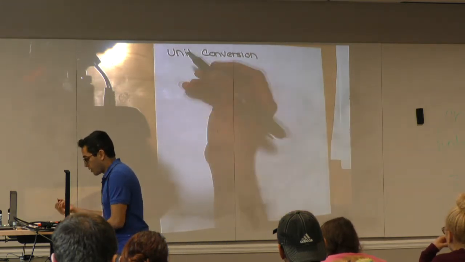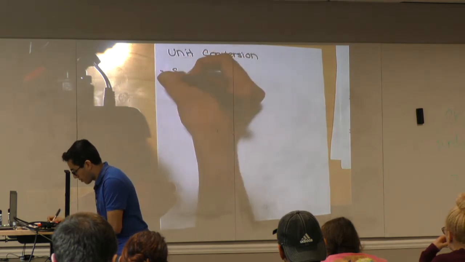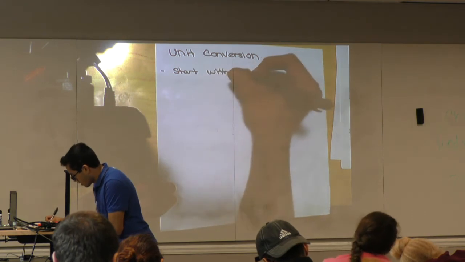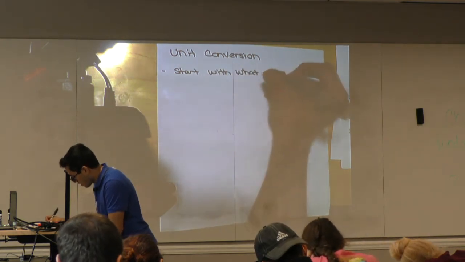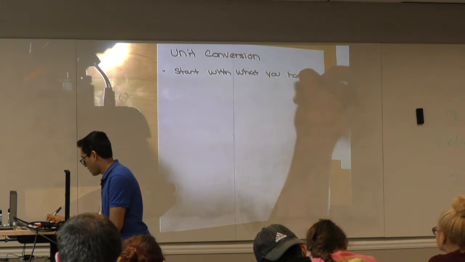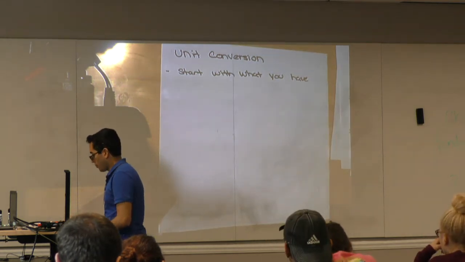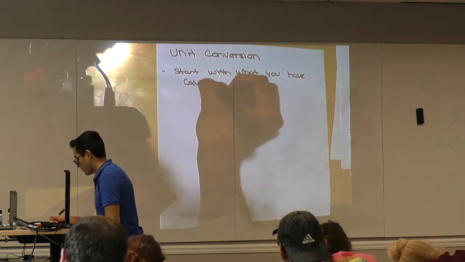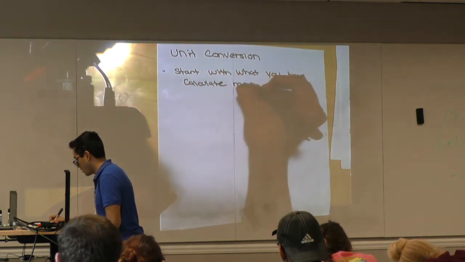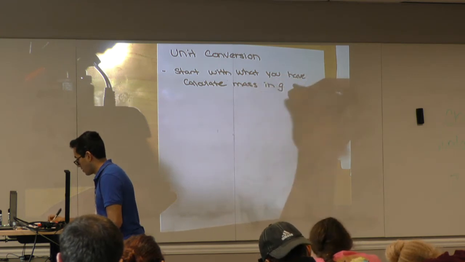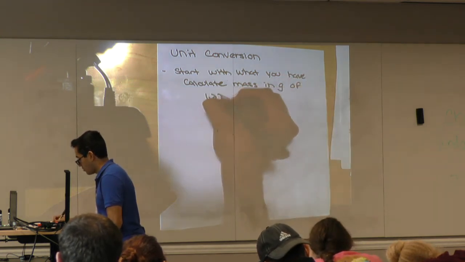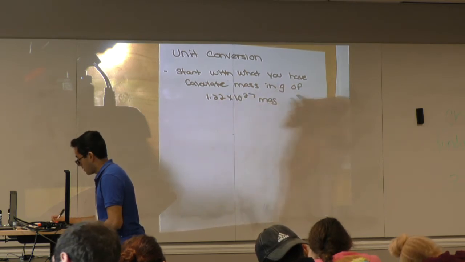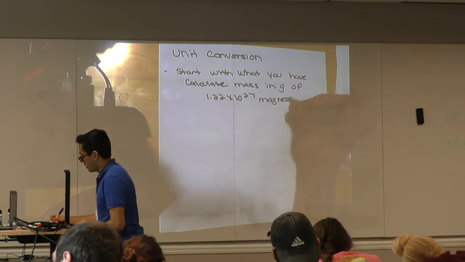So the first thing is start with what you have. That's step 1. In this problem, we are asked to calculate the mass in grams of 1.22 times 10 to the 27 magnesium atoms, right?